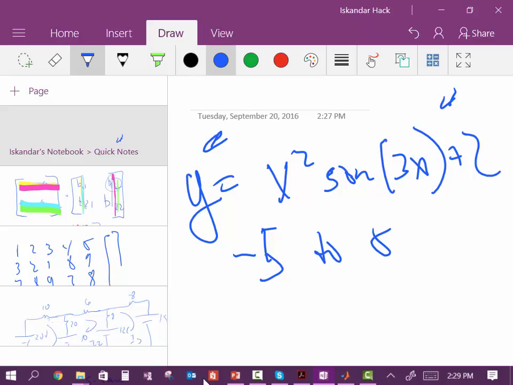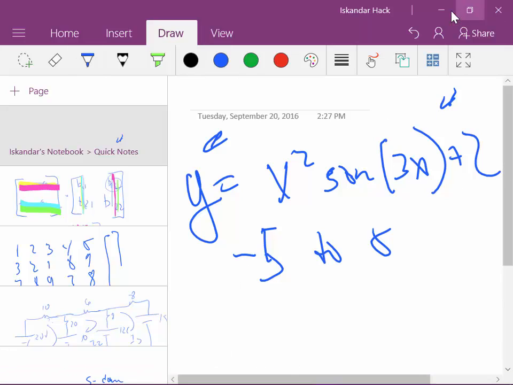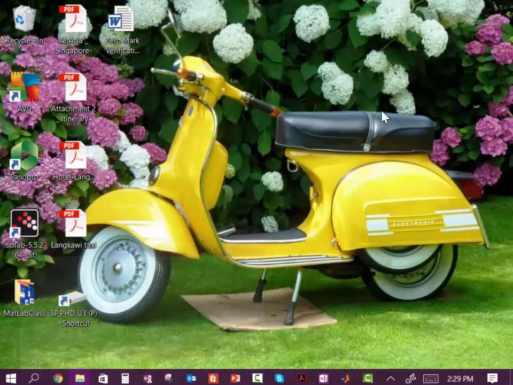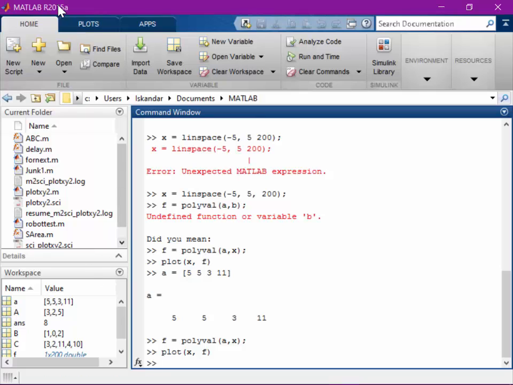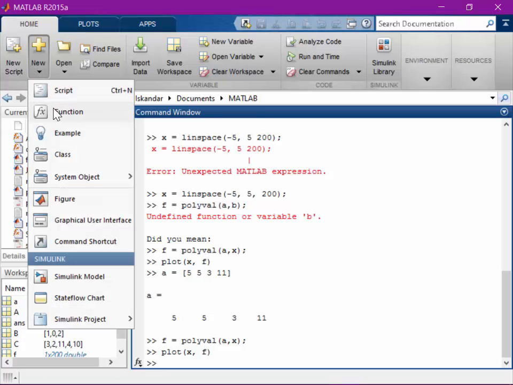All right, my function is y equals x squared times sine 3x plus 2. Okay, so I'm going to come over here and hit new function.